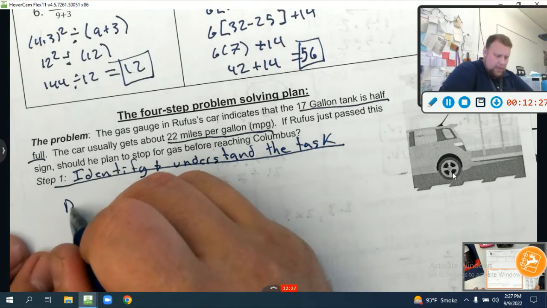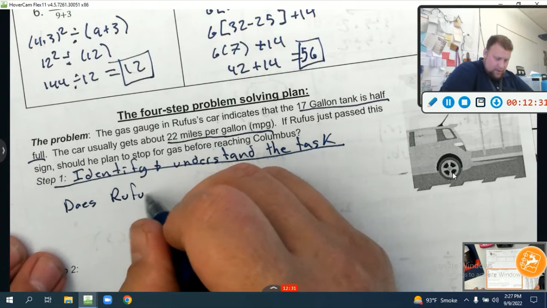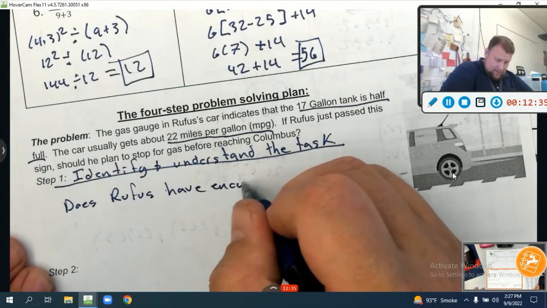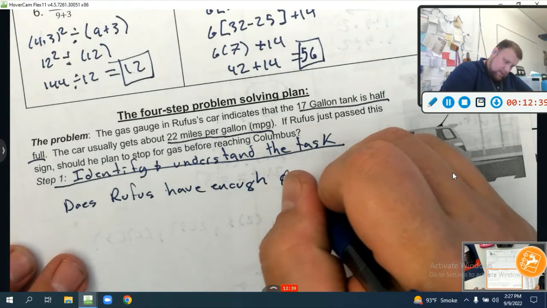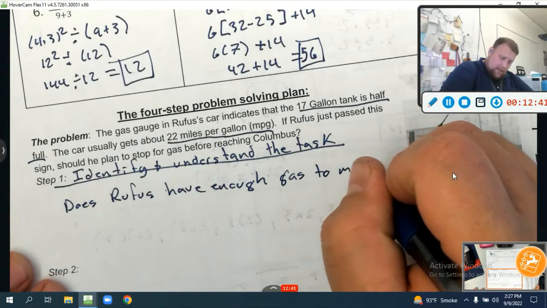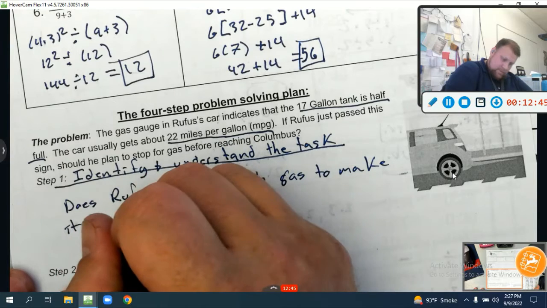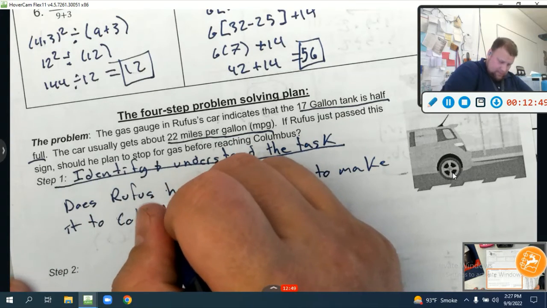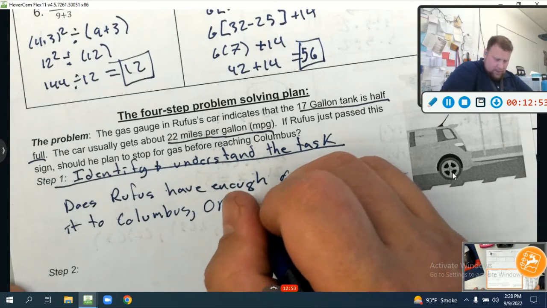Well, ultimately, does Rufus have enough gas to make it to Columbus, or should he stop for gas?